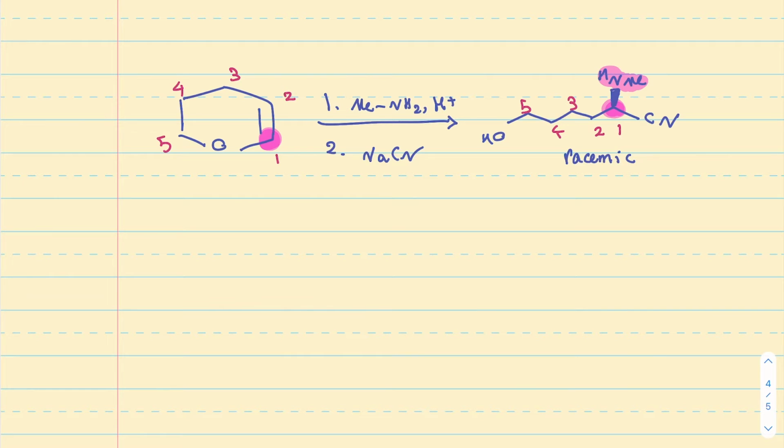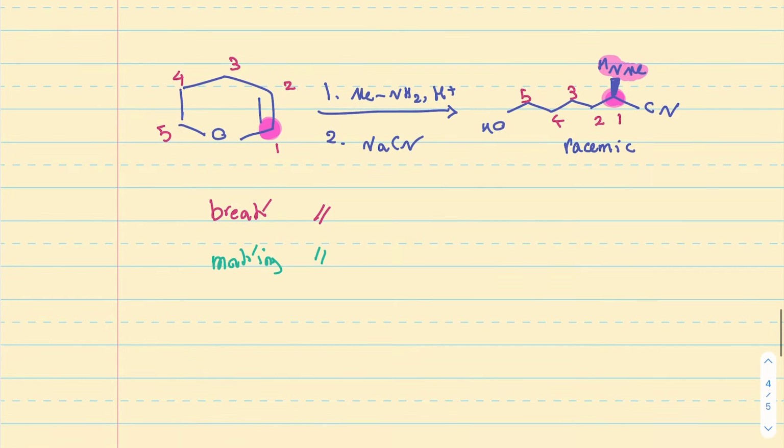Now, it looks like the oxygen gets disconnected, so breaking, I'm going to use red to show, and making, I'm going to use green. Now, it looks like the oxygen becomes disconnected from carbon 1. All right, and then carbon 1 gets connected to a CN, and it gets connected to an NH methyl.